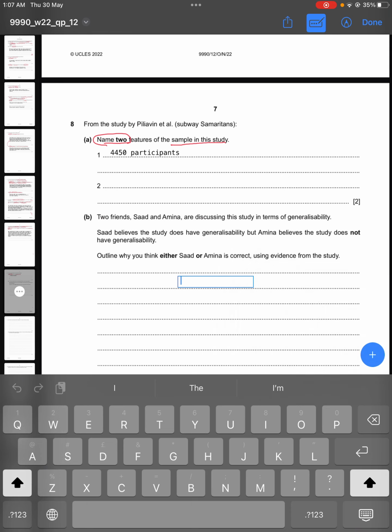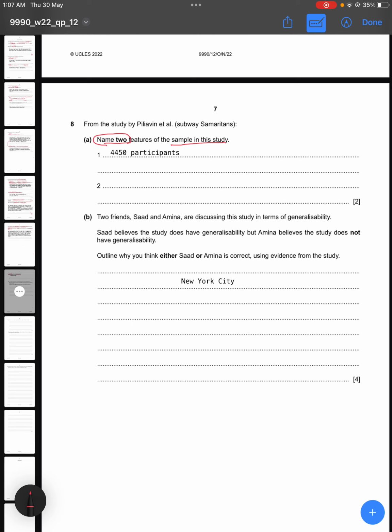And the next one can be they were all from New York City. You can also write any other 2. For example, they were all subway passengers. There were 45% black and 55% white participants. They were recruited through opportunity sampling, and the mean number of people per car was, or per subway was, 43.